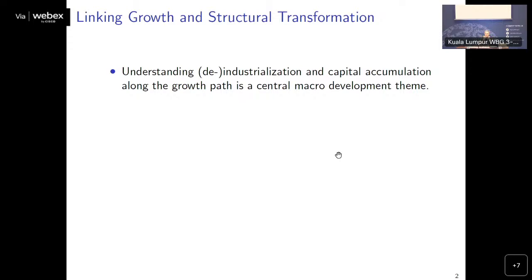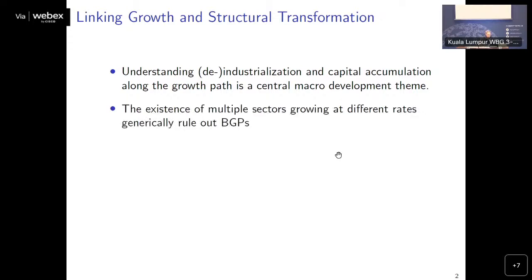Industrialization has two things that you think about. One is manufacturing industry growing relative to, say, agriculture. That's the structural transformation part. But the other is just a heavy amount of capital accumulation. And so, understanding this is a central question.